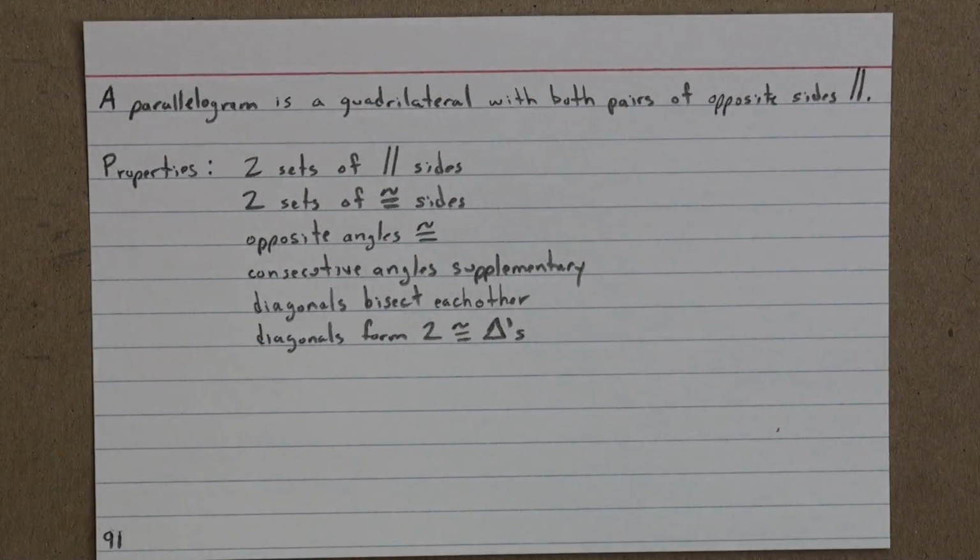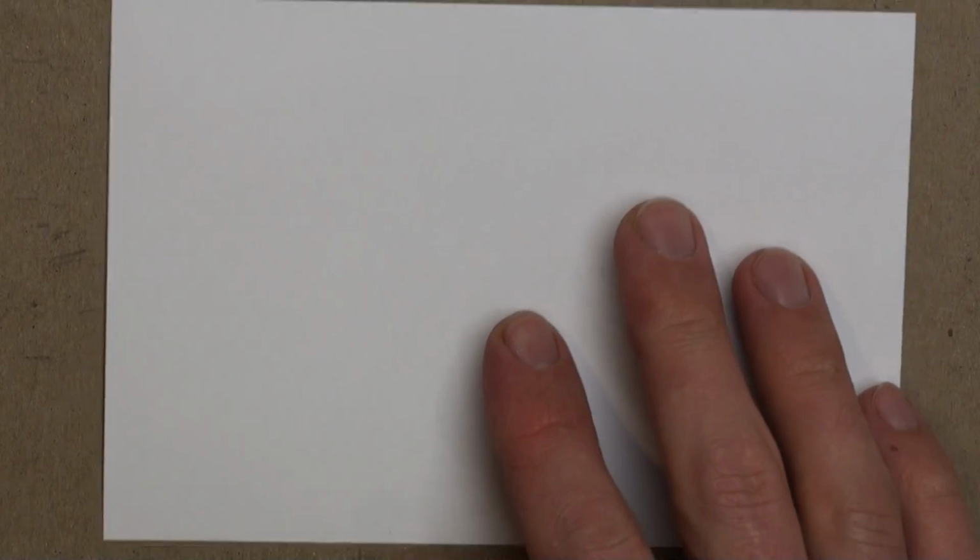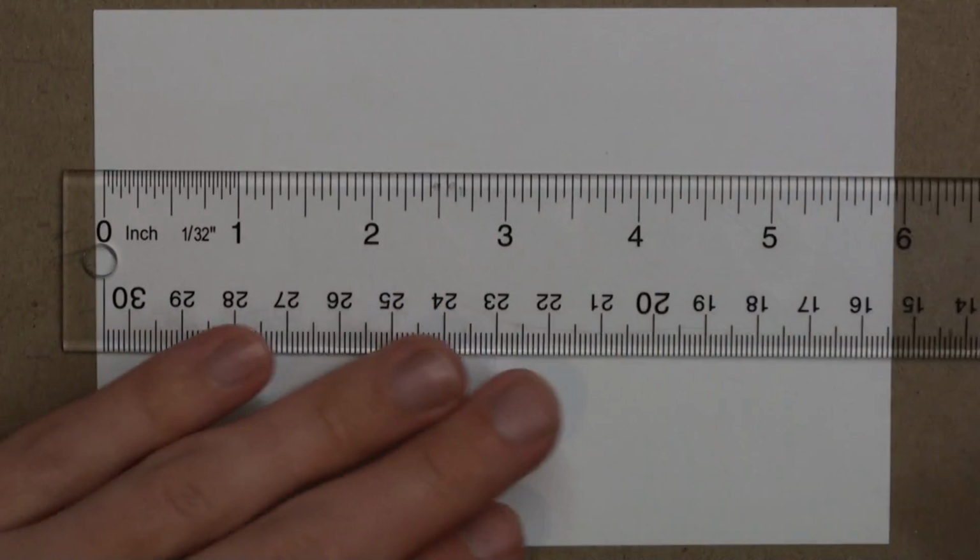Okay. Now let's try to draw a picture with all of these things labeled, which is not easy to do. All right. So what we're going to do is draw two different pictures of a parallelogram, and maybe even three. Let me think here. Let's draw three different pictures.